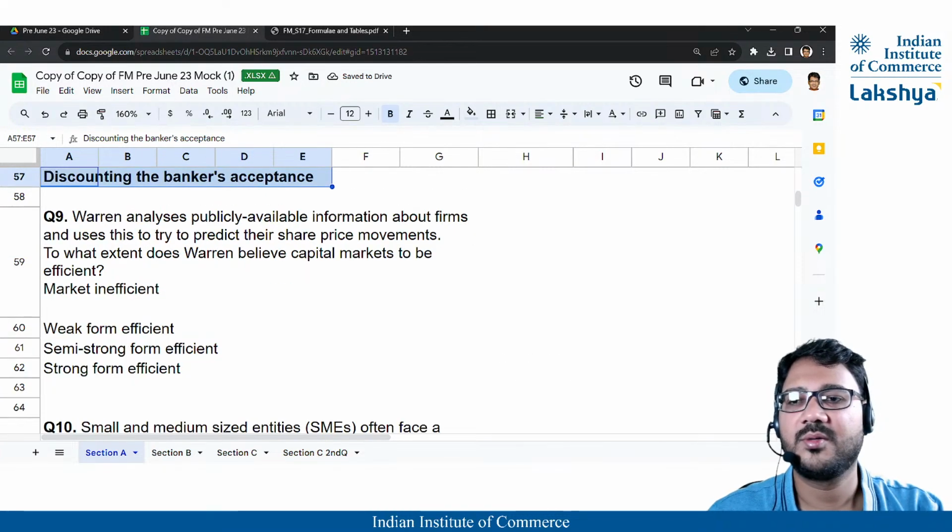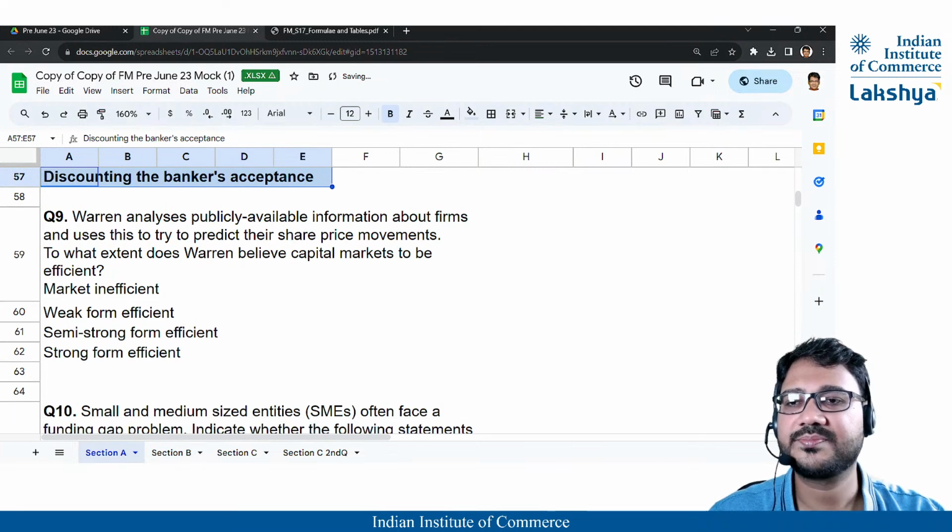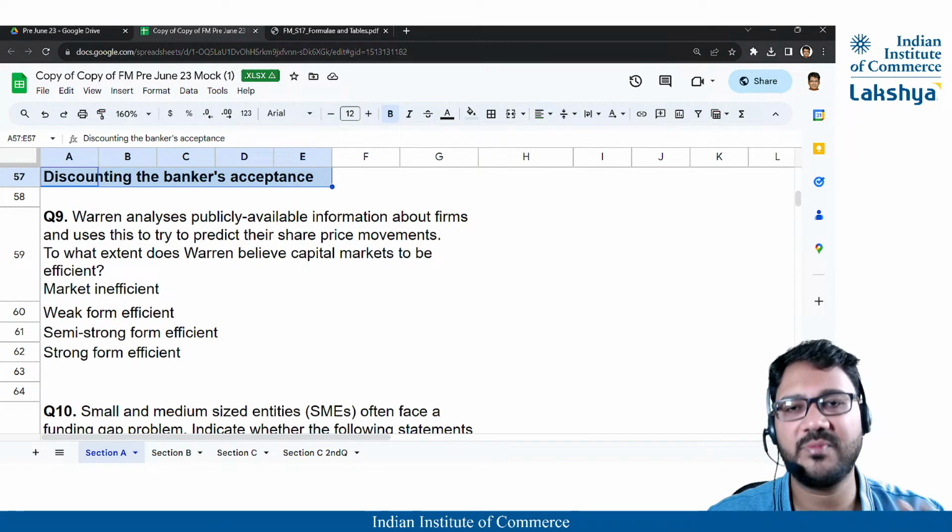Okay, moving on, question number 9. Warren analyzes publicly available information about firms and uses this to predict their share movement. To what extent does Warren believe capital markets to be efficient? Market inefficiency means the price factors in no information. Weak efficiency means price factors in only the past available information.